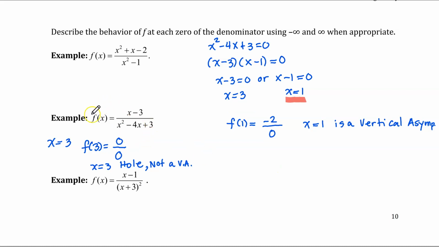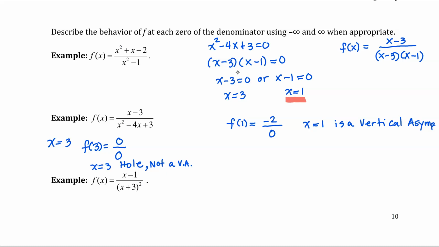To do that, we will first simplify the function. We will write the function in its factored form. The numerator is x minus 3. The denominator in factored form is x minus 3 times x minus 1.